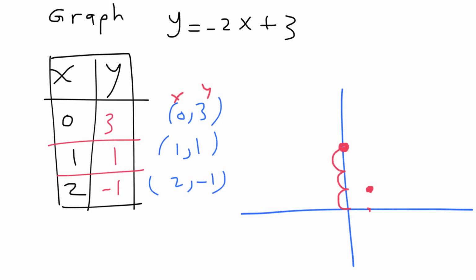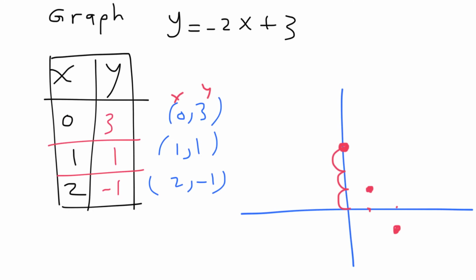And then finally, 2 and minus 1. 2 is here on the x, and for minus 1 you go down one step, so that's almost where this point is. So I got 3 points. I got 3 solutions, 3 ordered pairs, and I plot each one of these solutions.